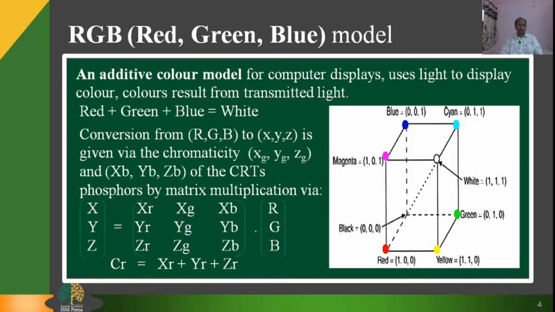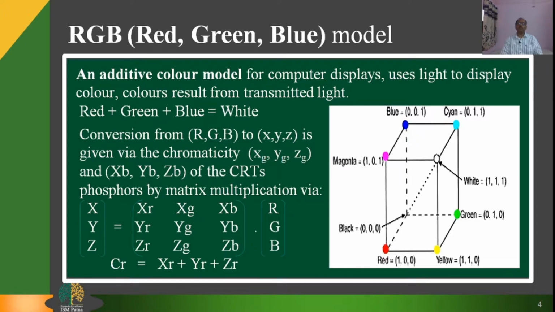Red, green, blue, the RGB color model. It is a model for computer displays which uses light to display color, and the resulting color comes from transmitted light, like red along with green and blue becomes white.